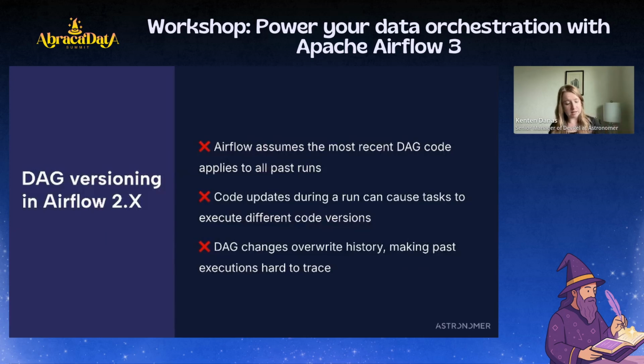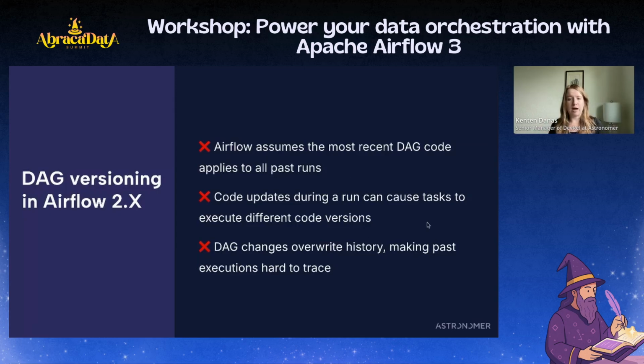This is the number one most requested community feature, I think, of all time. This is something that did not exist in Airflow 2. DAG versioning is just like what you would think from the name. It is the ability to track changes in your DAG code over time. For those of you who might not be familiar with Airflow, a DAG is just your data pipeline. Oftentimes these adapt over time as your use cases evolve, but in Airflow 2, Airflow was only really aware of the most recent DAG code.